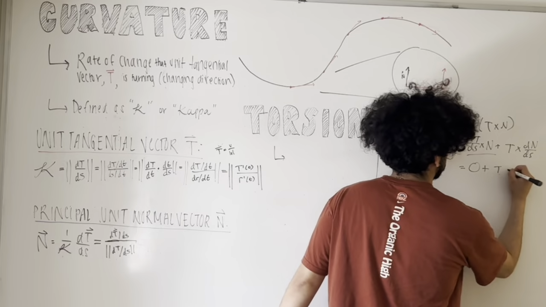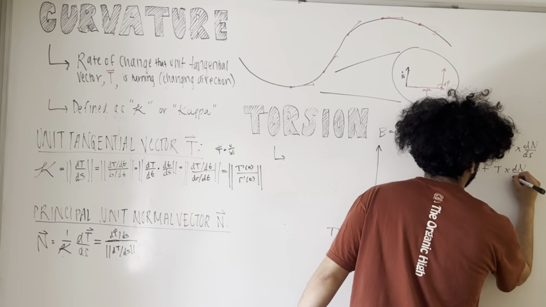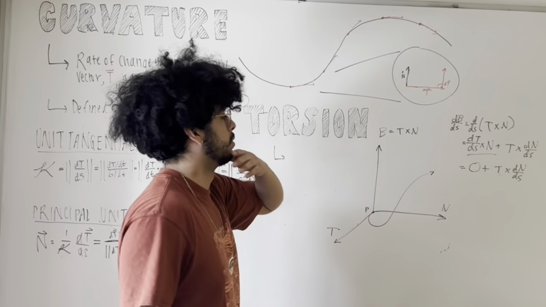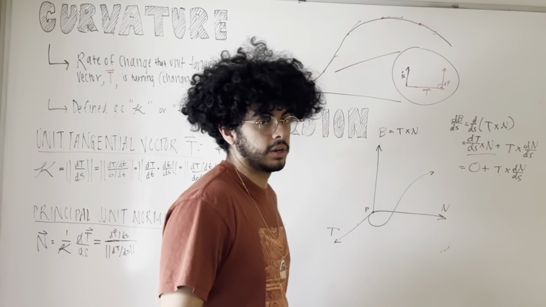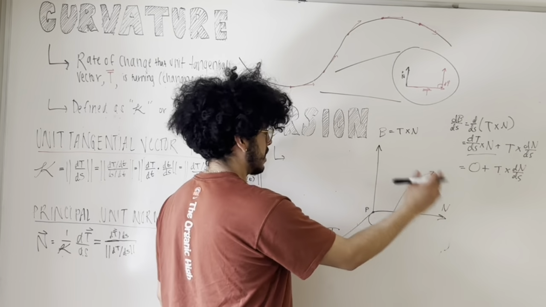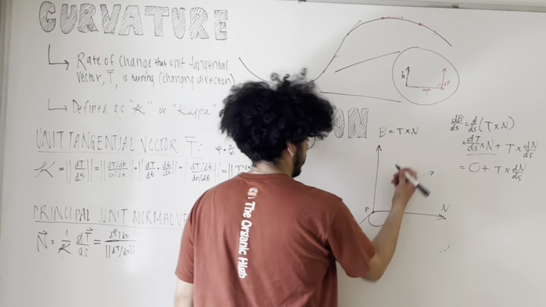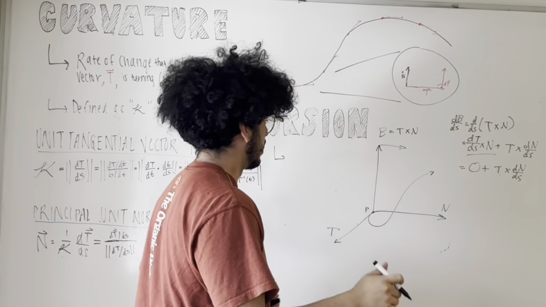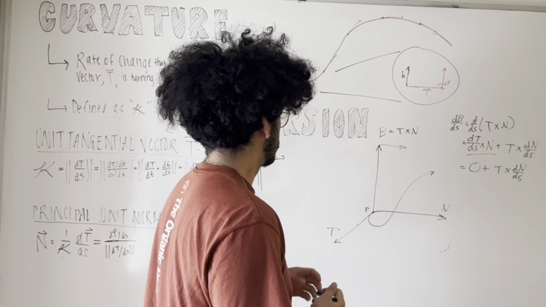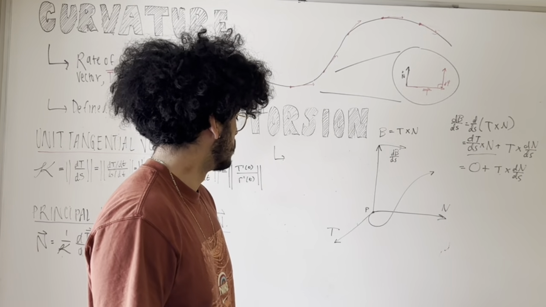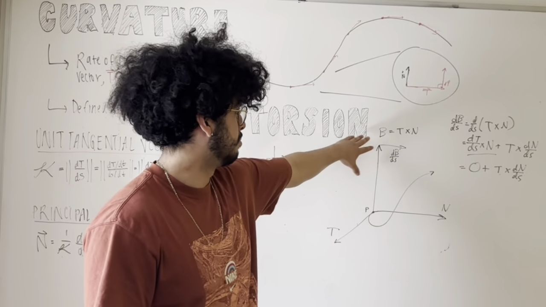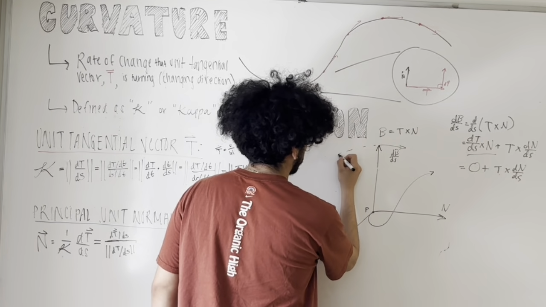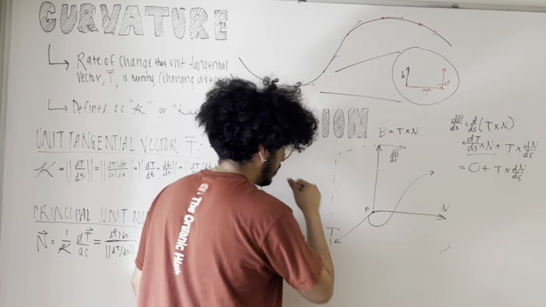And we're just left with T cross dN/ds, which tells us that the derivative of the binormal vector with respect to arc length is orthogonal to the tangent vector. So I guess on the graph here we can just draw something like this. And since not only is it orthogonal to T, but it is also orthogonal to B, this whole thing is just orthogonal to this entire plane made by these two vectors.